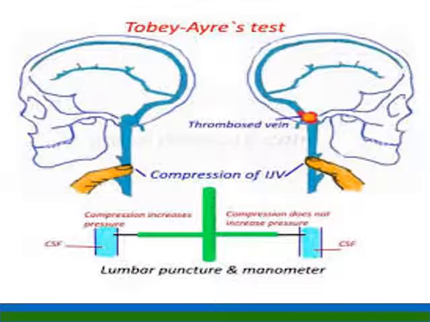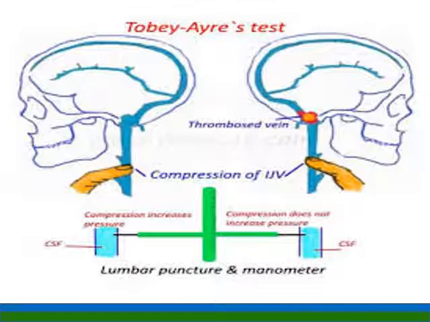The first one is Tobey-Ayer test. What is Tobey-Ayer test? It is the record of CSF pressure by manometer and seeing the effect of manual compression of jugular veins. You compare the CSF pressure with the pressure over the internal jugular vein.